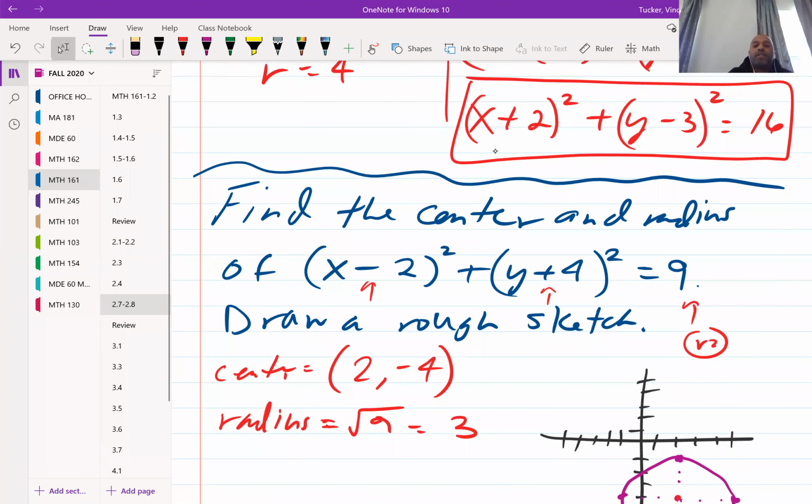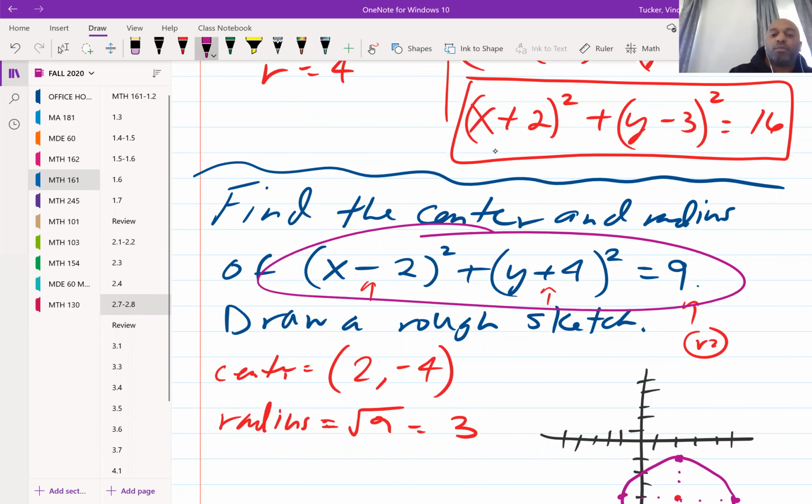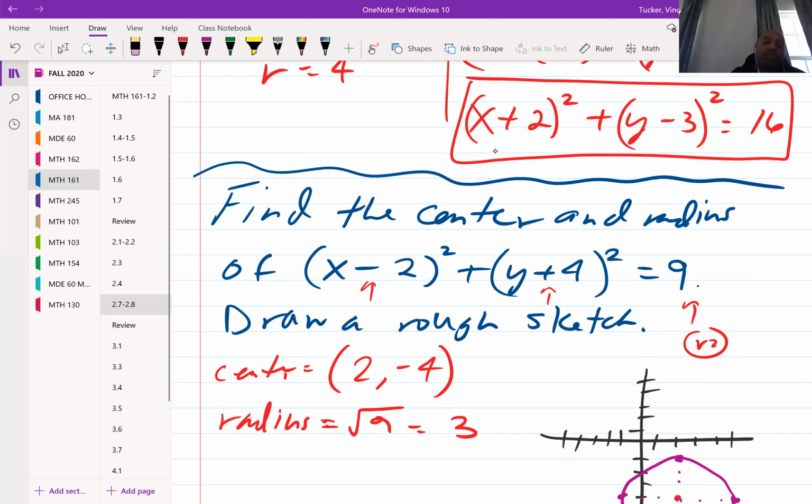All right, so here find the center and radius of x minus 2 squared plus y plus 4 squared equal to 9. Then draw a rough sketch. So notice this time they gave you the standard form of the equation and told you to pull the center and radius out of that equation. So don't forget, if you're going to take the coordinates of your center from your equation, you use the opposite signs.